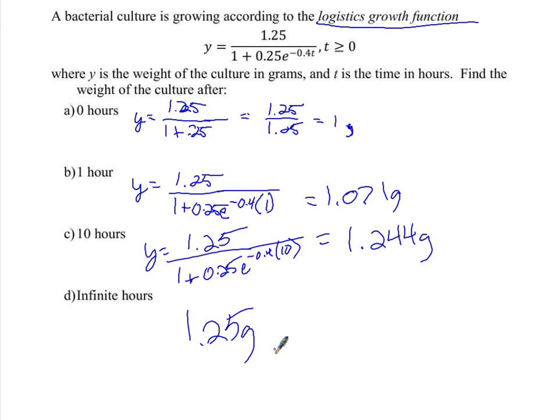If it's closed, it can't outgrow the petri dish. It has only what is given to it inside that petri dish to grow. Therefore, the amount of growth and death must reach some sort of equilibrium so that the bacteria can continue to function. The equilibrium point here is 1.25 grams.